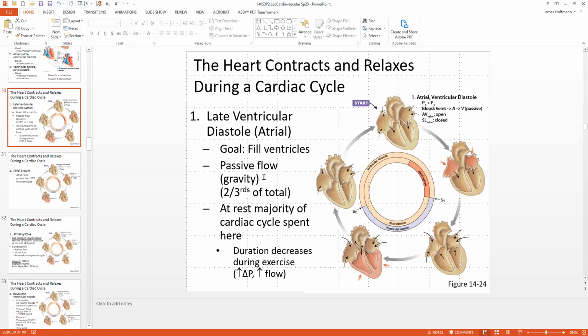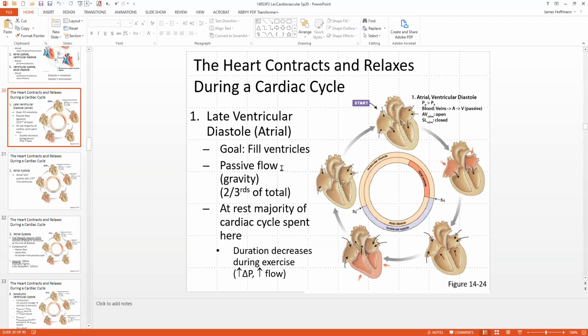And if you go back to some of the numbers we talked about, remember there's always an amount of blood left in the ventricle after ejection. It was called the end systolic volume. That was about 30 mils, which means the ventricles have to fill about 70 mils.